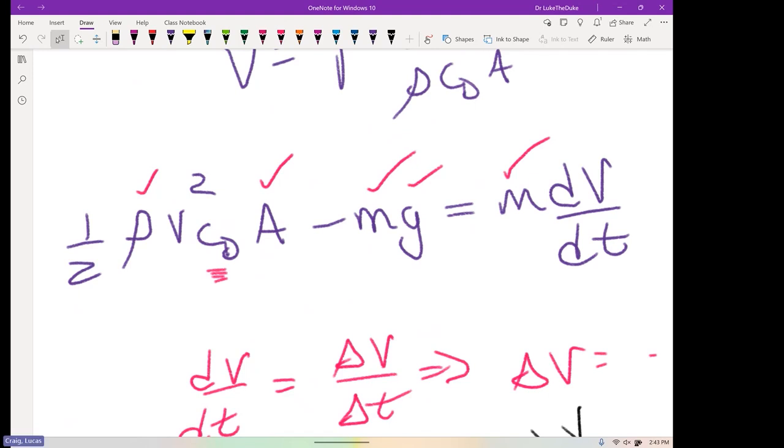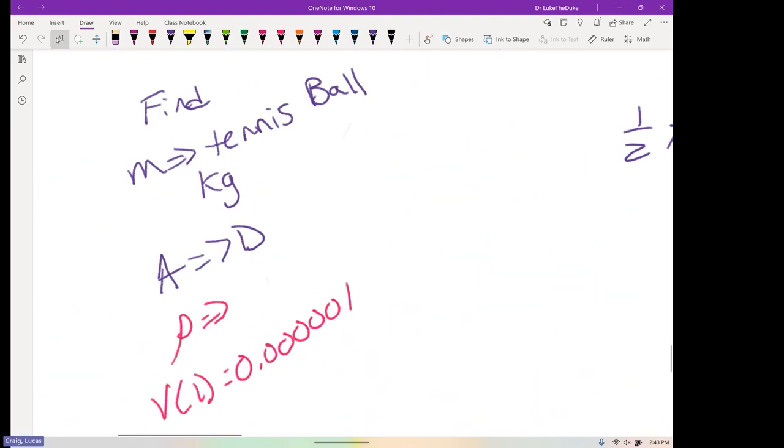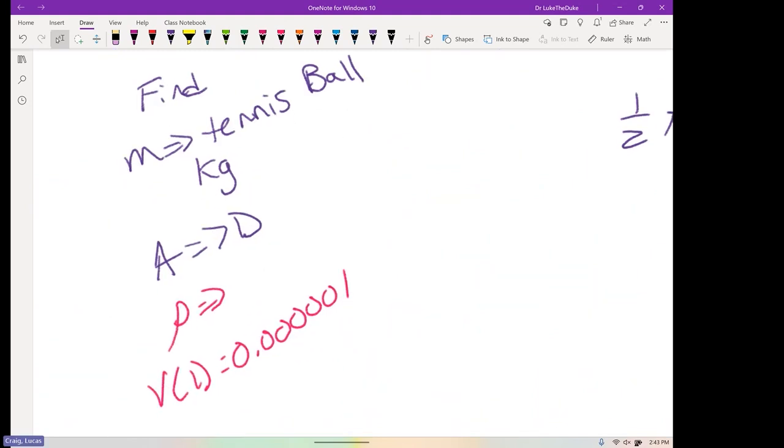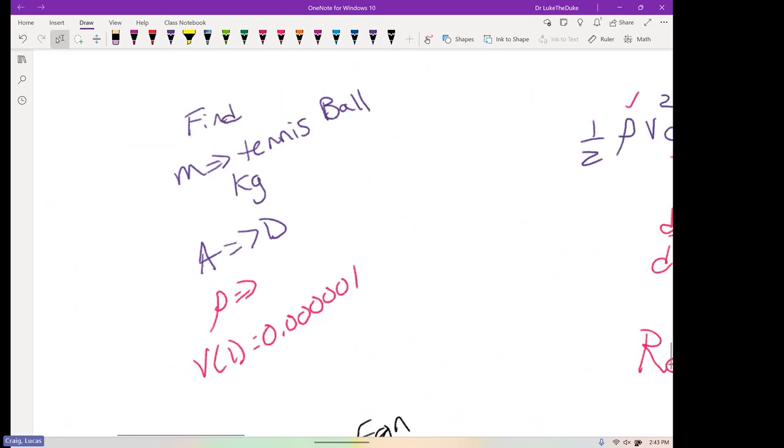All right, we got drag, we got weight, we ignored everything else. Okay, there's no thrust, there's nothing in there, nothing spinning. Okay, we're going to solve this numerically with parameters of a tennis ball: the mass, the area, and the density of the tennis ball. Okay, start with this very, very small initial velocity.